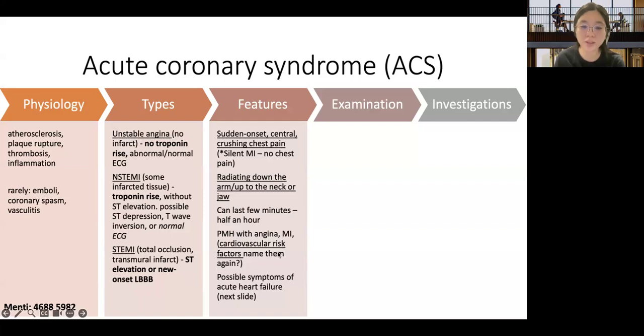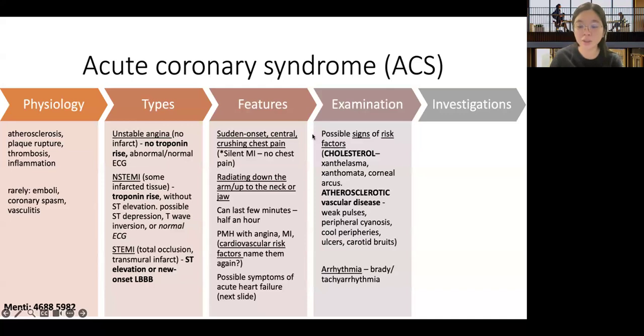You also want to note down in the history if they have cardiovascular risk factors, such as previous diagnosis of angina, previous MI, hypertension, diabetes, hypercholesterolemia, history of smoking, anything like that. On examination, you want to look for the risk factors I've mentioned.